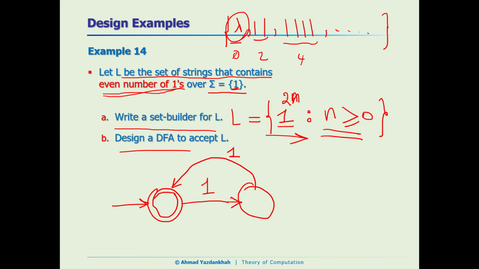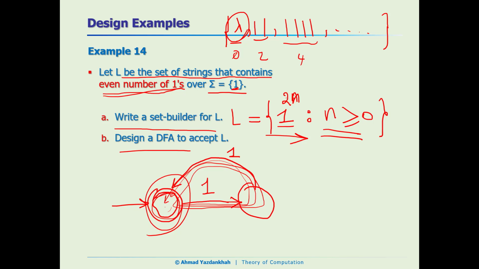I think we are done here. If we have lambda, it will be accepted here. If we have 1, 1, it will be accepted here. If we have 1, 1, 1, 1, and you agree that an even number of ones returns back to here and it will be accepted.